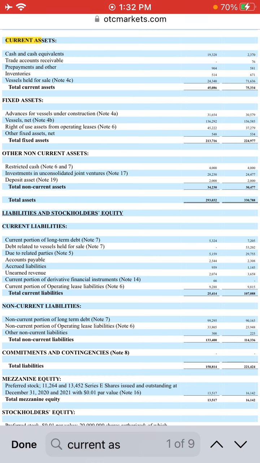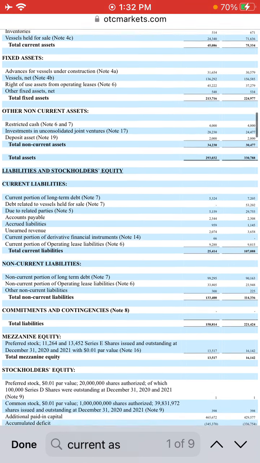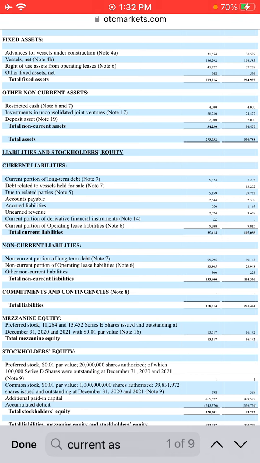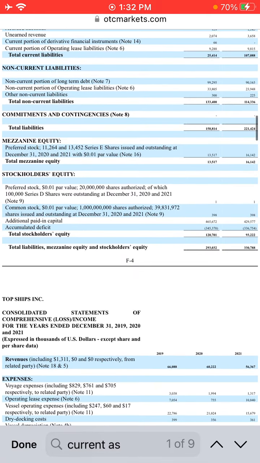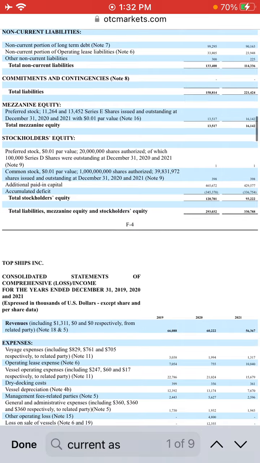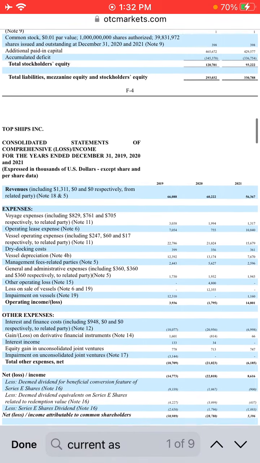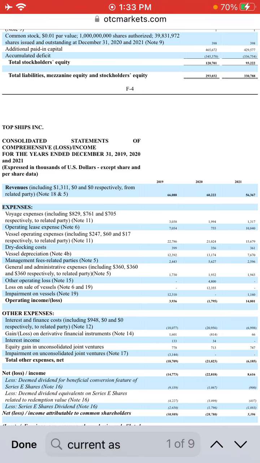So over here, if we scroll down, on here where it shows shareholder equity, under here it shows the shares outstanding as of December of 2020, but this is an old number, the shares outstanding obviously changed.